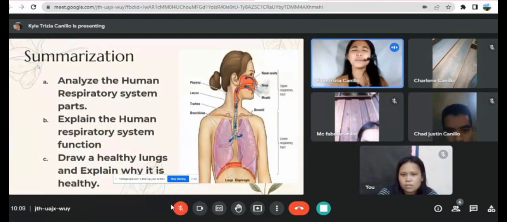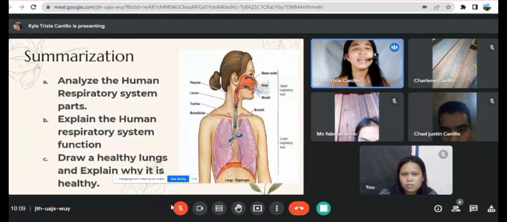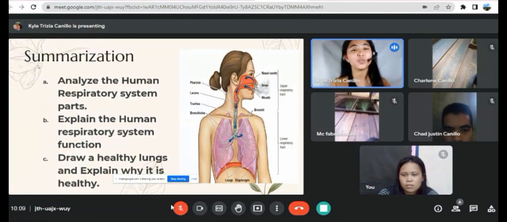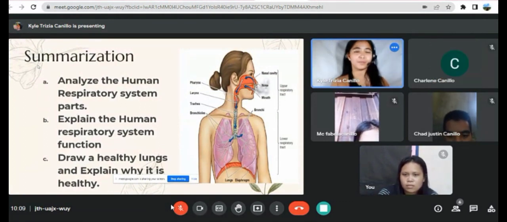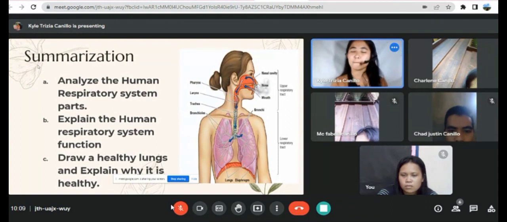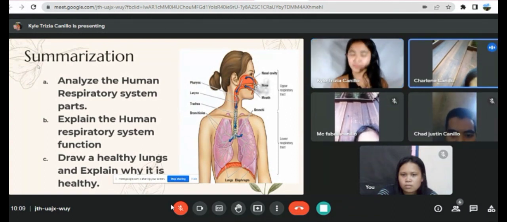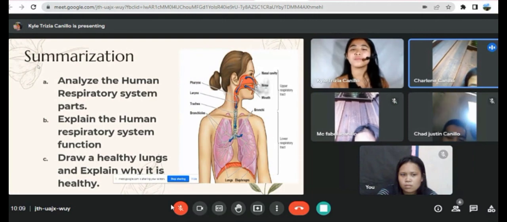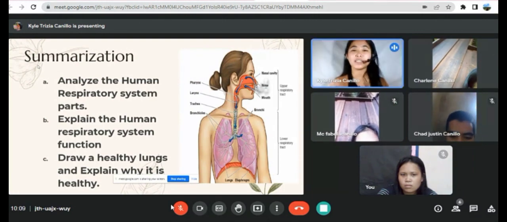Who can analyze the human respiratory system parts? Charlene, what are the human respiratory system's parts? Mouth and nose, pharynx, larynx, trachea, and lungs, ma'am. Yes, very good.